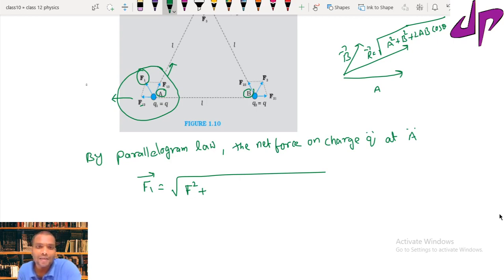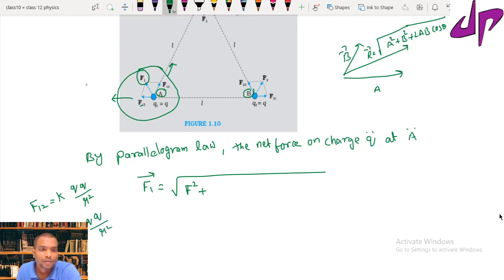Otherwise we can write F12 equals k times Q by r square, and F13 is also k times q by r square.